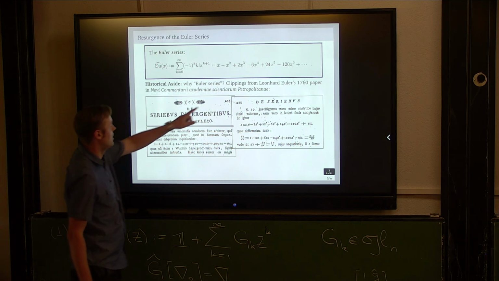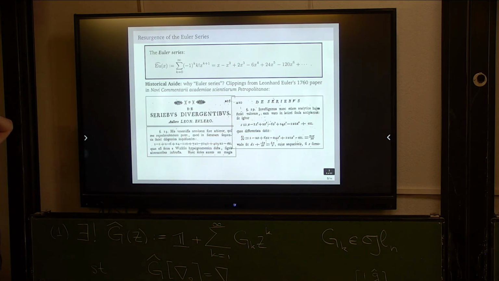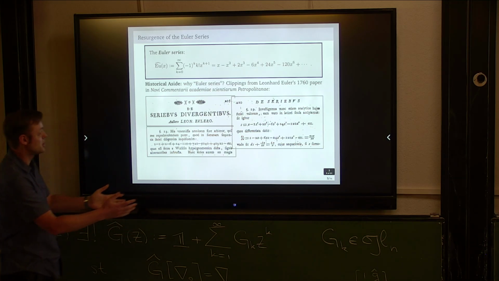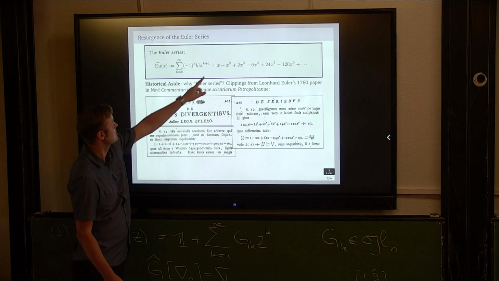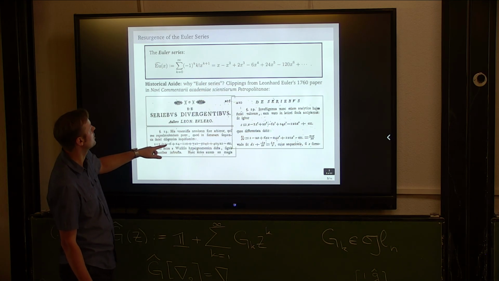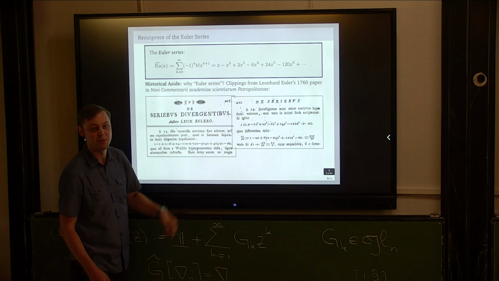So I dug up a paper of Euler from 1760 called On Divergent Series, so very appropriate for us. And in that paper, he was already studying exactly this series. So there it is. You can see that he sets x equal to 1, and that's precisely that series, which he calls the Wallace hypergeometric series.